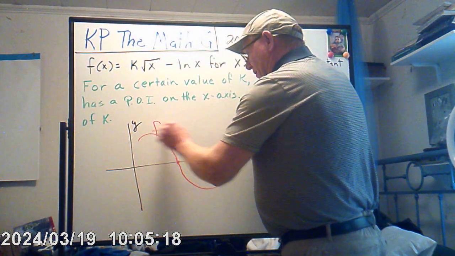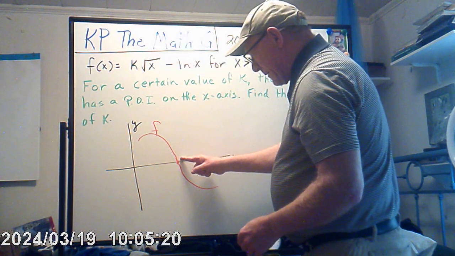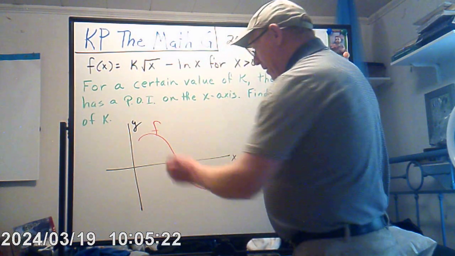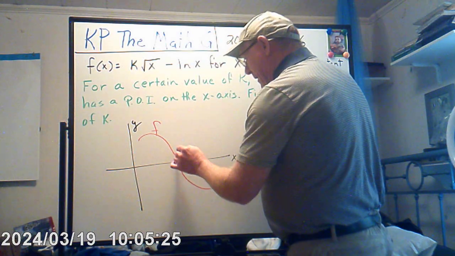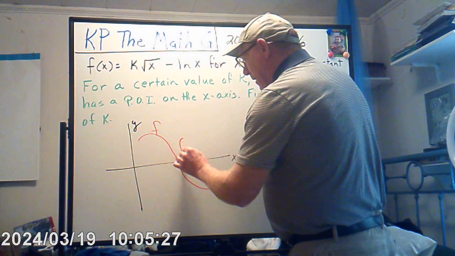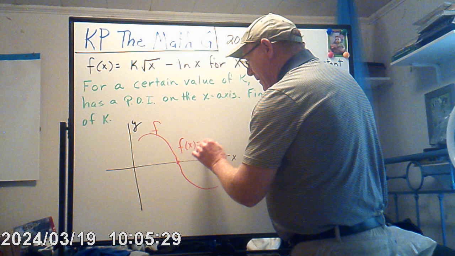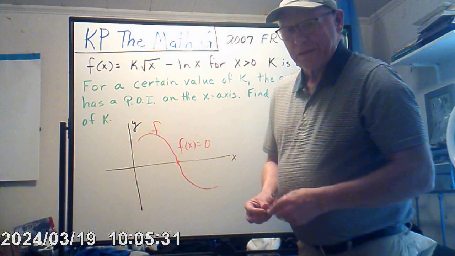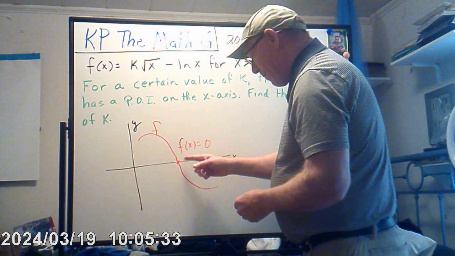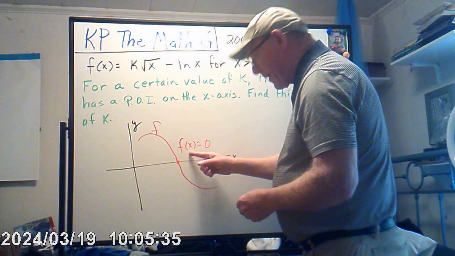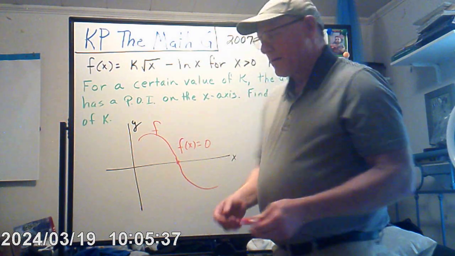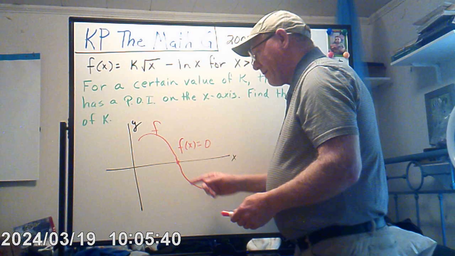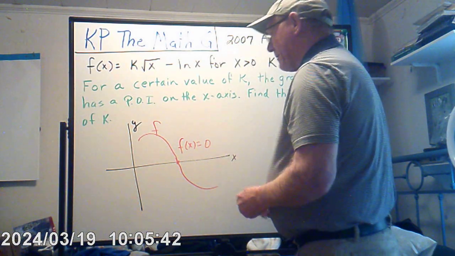Now remember, if this is a function of f, whatever x is, f of x is equal to 0. I mean, the y value. The f of x is considered the y value. The y value is 0. So we know that f of x is 0.